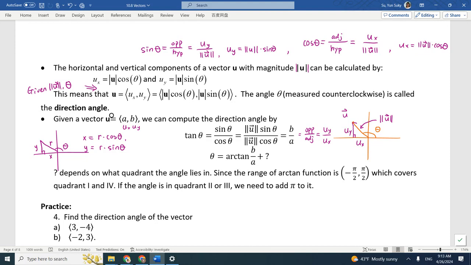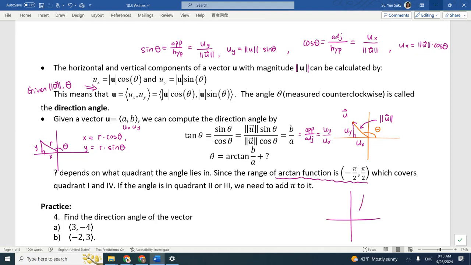Then what is theta? Well, we have four quadrants: quadrant 1, quadrant 2, quadrant 3, and quadrant 4. But when you do arctangent of a number, do you remember what the range of the arctangent is? Exactly. The range of the arctangent function.